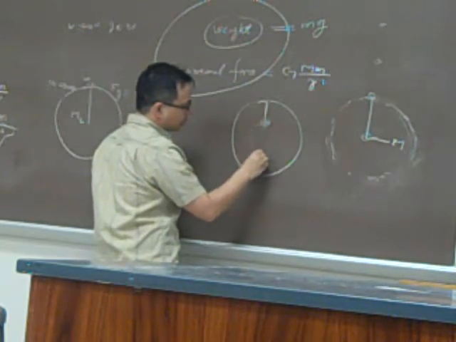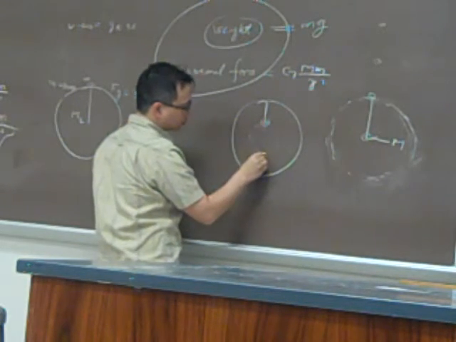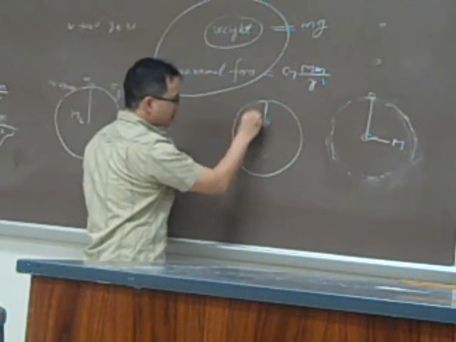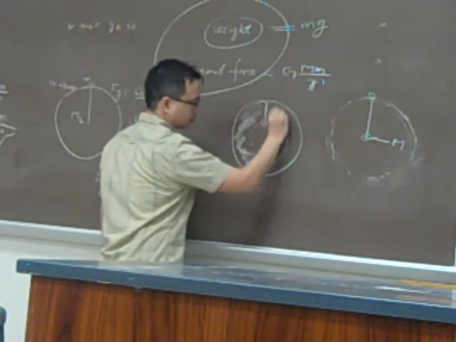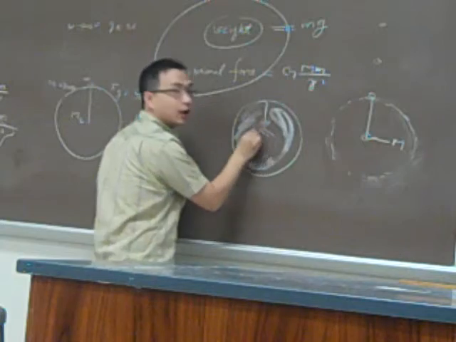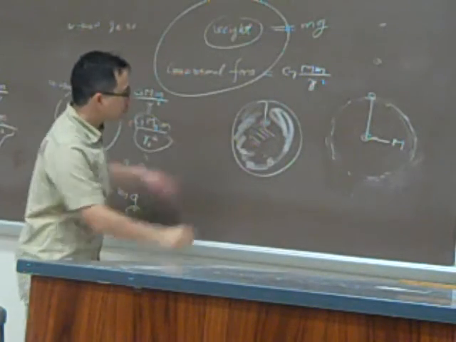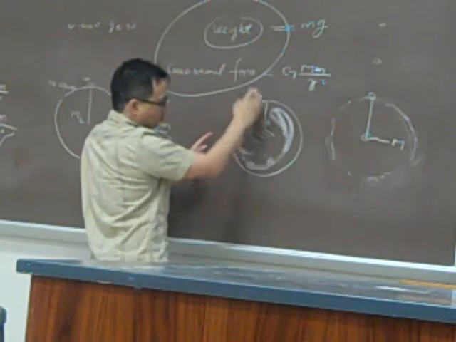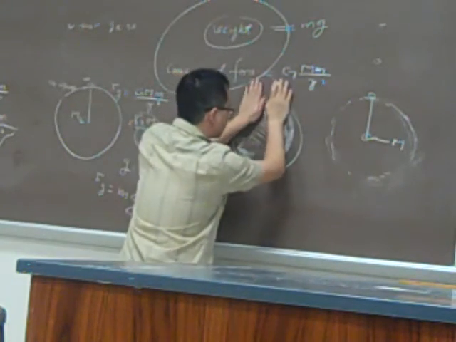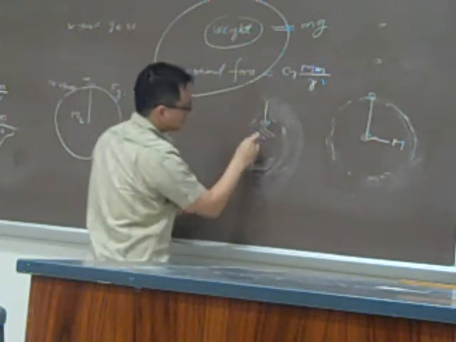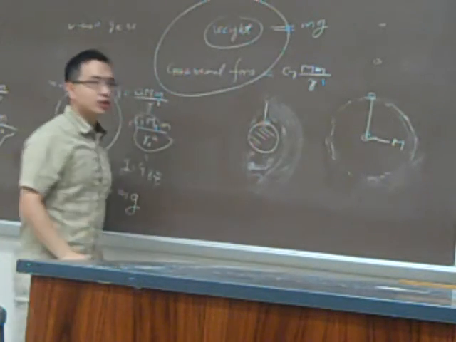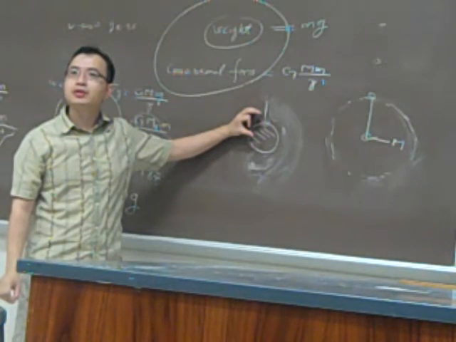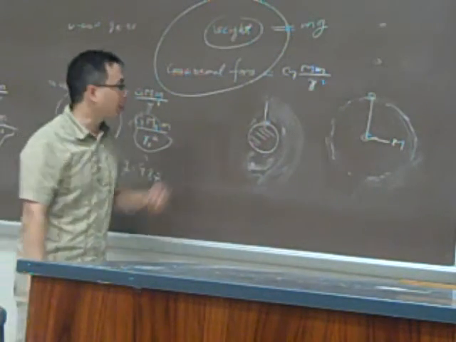And now, if we try to calculate this one, what happens is that we can divide it. And so you have this part and this part, right? And it can show that the gravitational force from this part will cancel each other. So then, to calculate, you only need to calculate the gravitational force from the inside part.